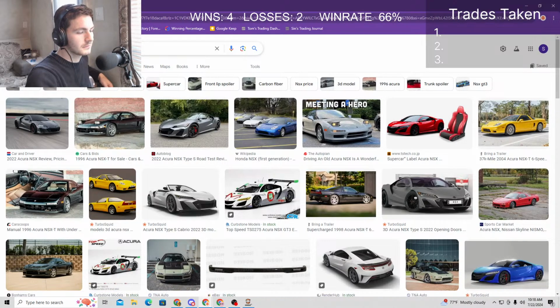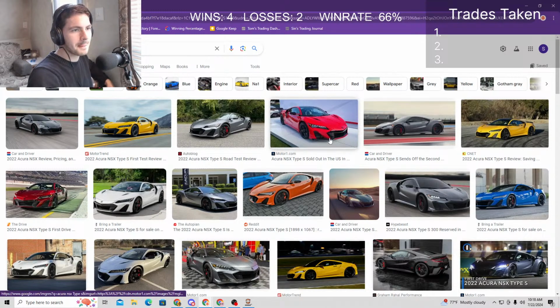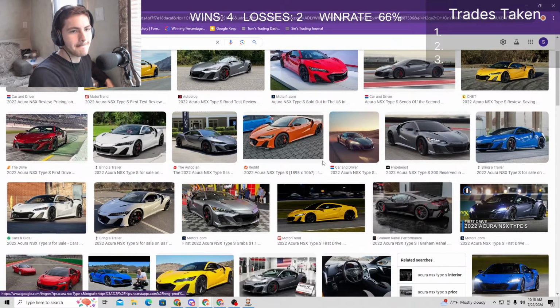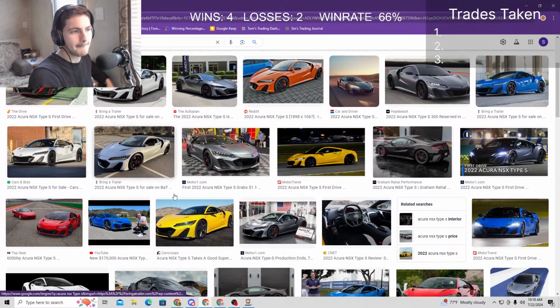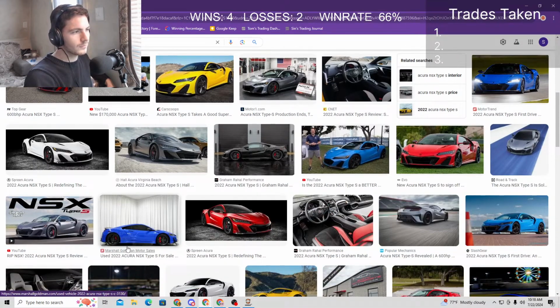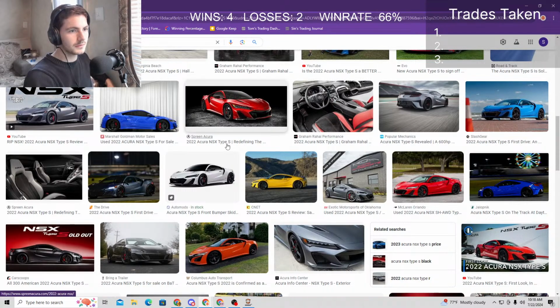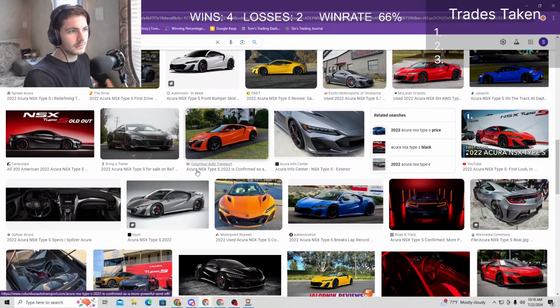They want so much money for them. But they're all numbered. Every single car comes numbered. So it's a cool little thing, and then you get pretty good reliability on them because it's a Honda motor at the end of the day. But all the big car guys hated on them because it was like, what is Acura doing making a supercar?